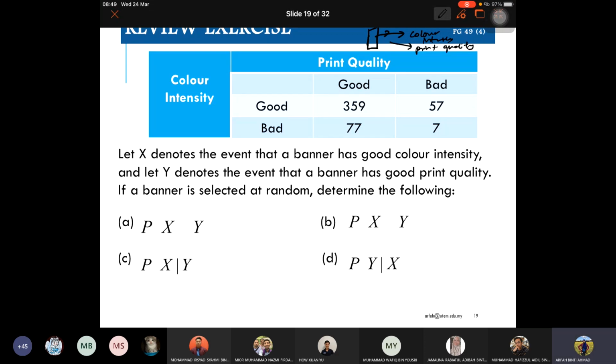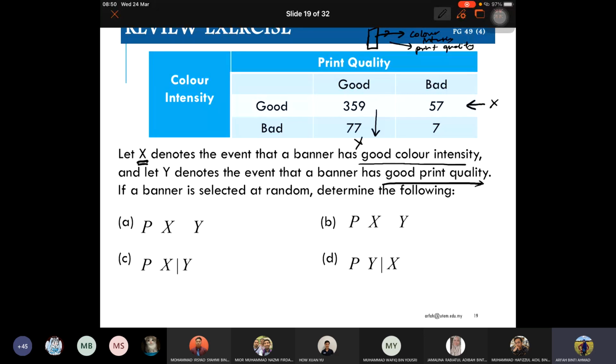So X denotes the event that a banner has good color intensity. Okay. So good color intensity meaning that untuk kolom ni yang kita berminat. So ini adalah event X. Okay. And let Y denote the event that a banner has good print quality. Okay. So good print quality meaning that this one.